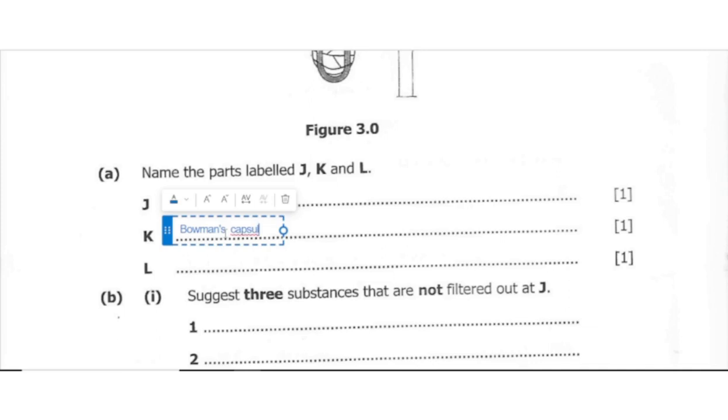Okay, Bowman's capsule. That is the one which is labeled K.